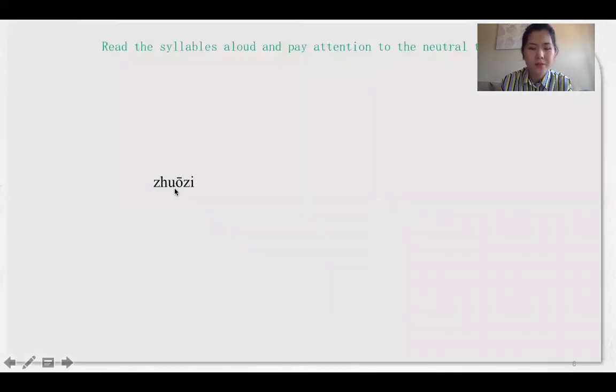Okay, let's practice with some of this. How do you say this one? 桌子, 桌子. So, 子, right? 子, 桌子. And this one? 房子, 房子. So you say 房子, right? Quick.